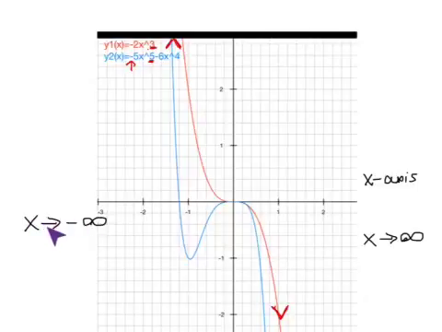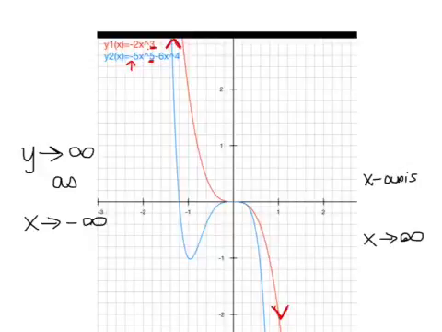So as x is approaching negative infinity, as we're looking at the graph on the left-hand side, our graph is going up. These y values are increasing on this side. So y is going to be approaching positive infinity as x is approaching negative infinity.